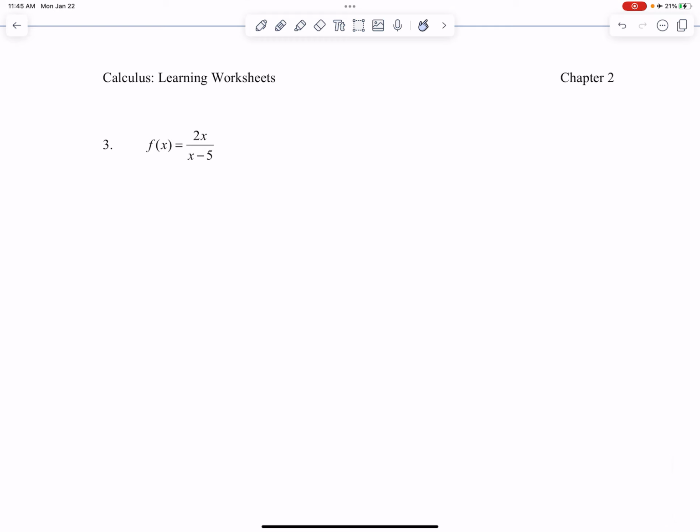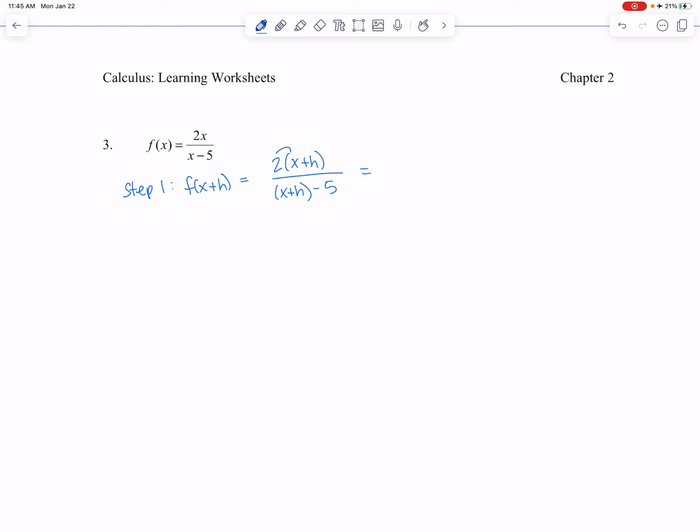Okay, number 3, f of x equals 2x over x minus 5. f of x plus h: 2 times x plus h over x plus h minus 5.